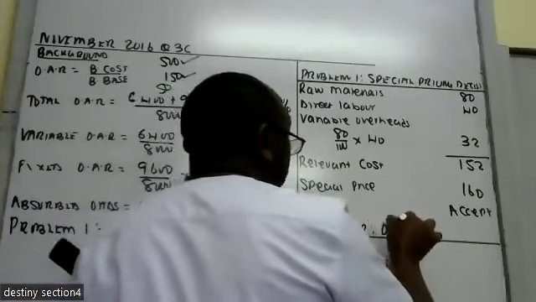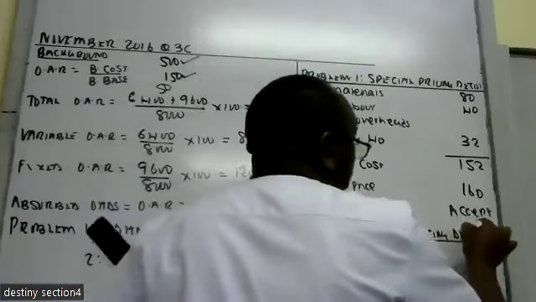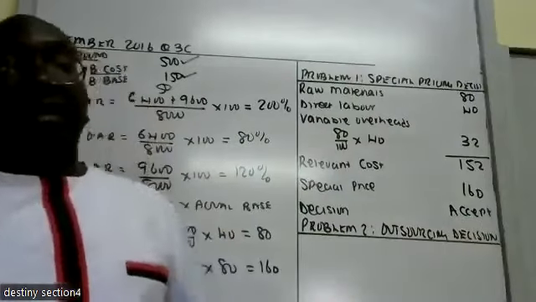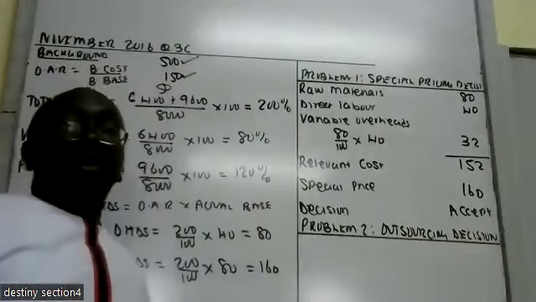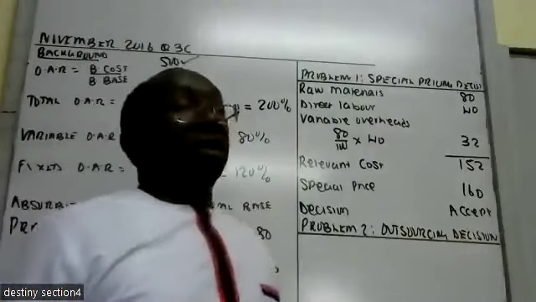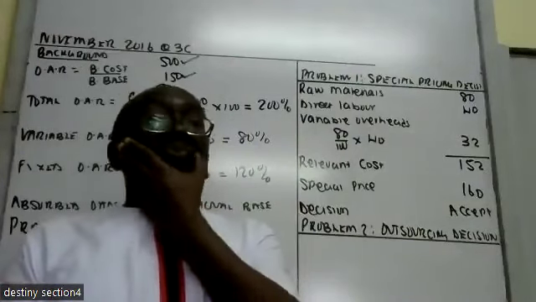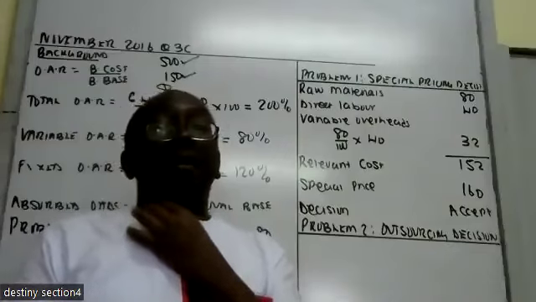It is the outsourcing. Outsourcing decision is the other one that we call make or buy. It's the other name for make or buy.